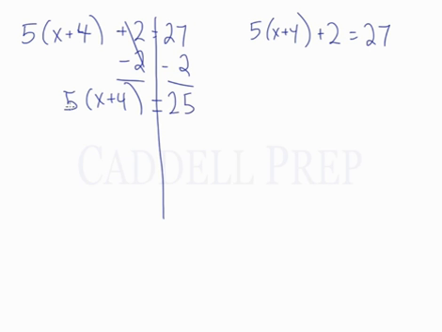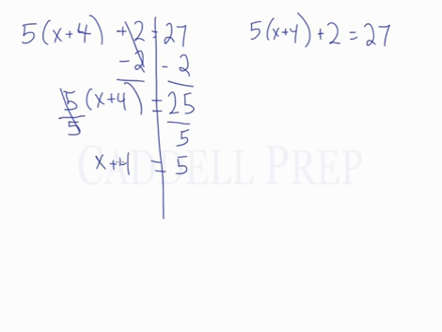Now at this point we have 5 times x plus 4, so we would add these together, then multiply by 5. So multiplying by 5 would be the last step here, so we have to do the inverse of that and divide by 5 on both sides. So we have x plus 4 equals 25 divided by 5, which is 5.